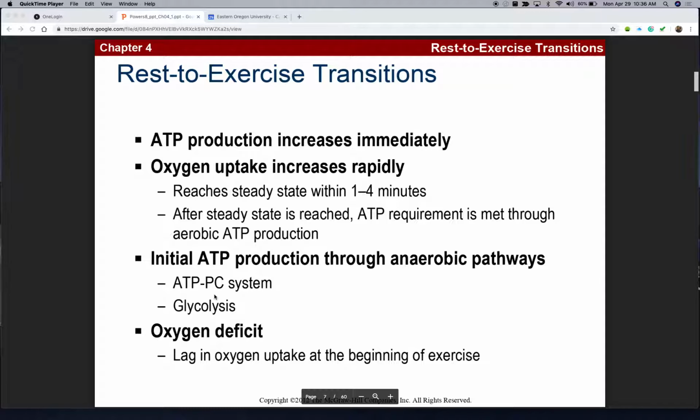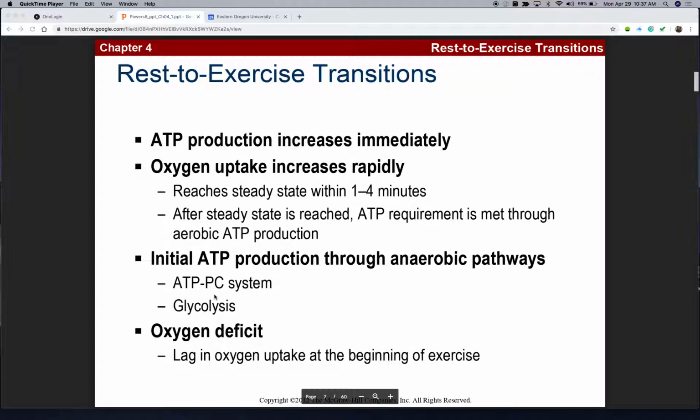So if I took off at 6-minute mile pace, it would take me a while and I may never reach steady state because I'm not very fast at running 6-minute mile pace. But someone who can run 6-minute mile pace for a marathon very easily, or someone that can average 5 minutes a mile for a marathon pace, could take off at 6-minute pace and reach steady state very quickly.